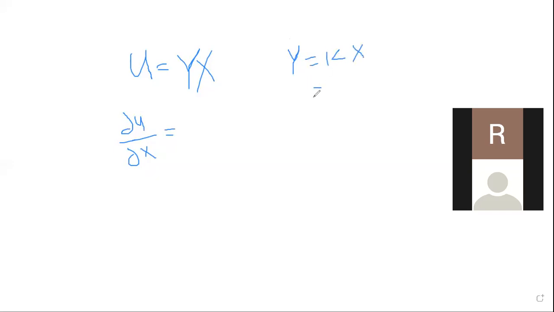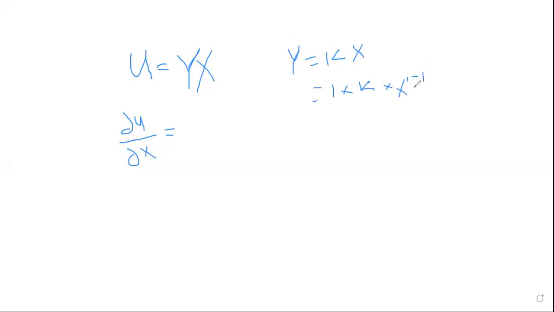The reason is that this x is to the power 1, so it will be 1 times k times x to the power 1 minus 1, and this is 0. Any number raised to the power 0 is 1. So that's why you have k. So the answer here will be y.